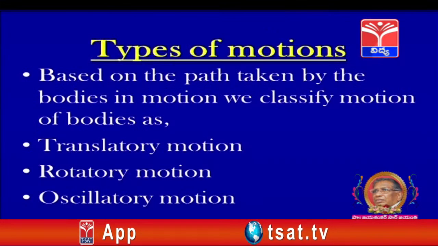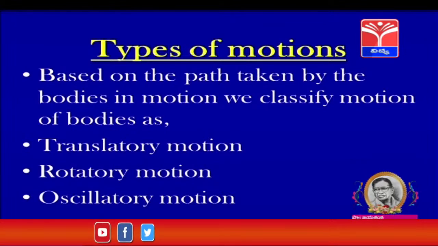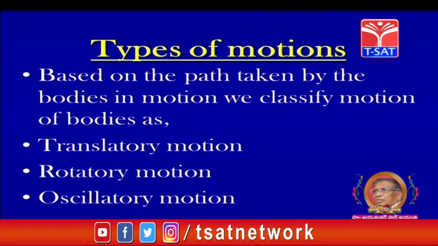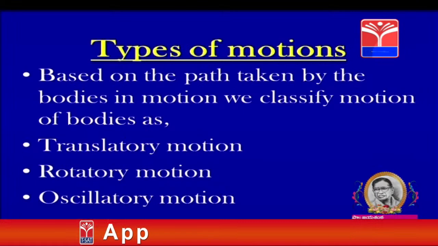Based upon the path taken by the bodies in motion, we can classify motion of bodies as translatory motion, rotatory motion and oscillatory motion. We will learn in detail about all three motions.